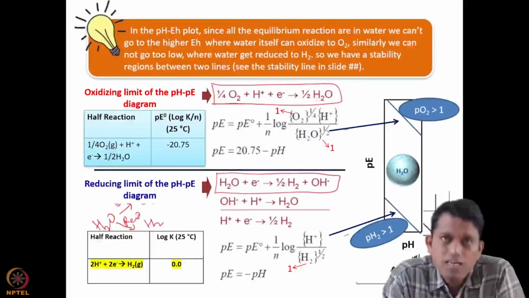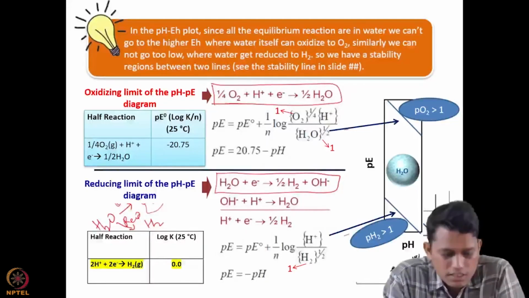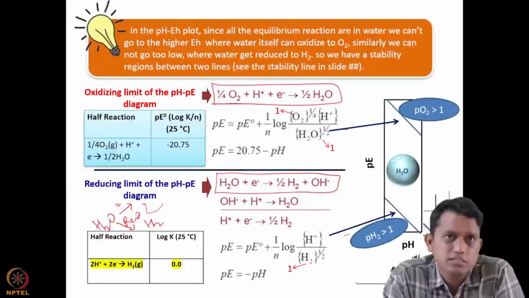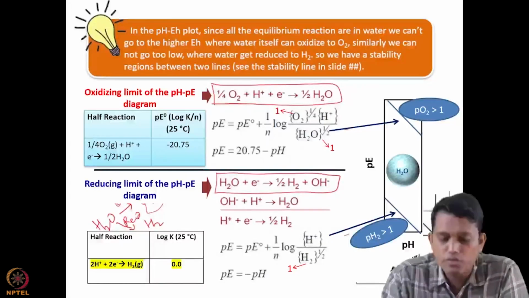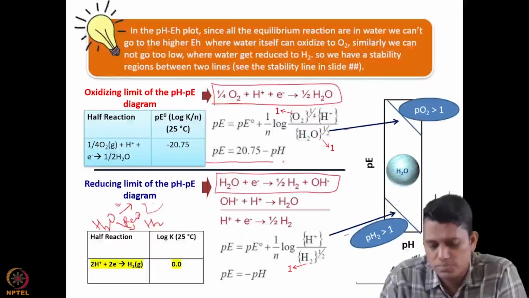So these are the limits or conditions that water can undergo, and because of that we should work in conditions which limit these reactions. We should not have a condition where water is getting oxidized to oxygen or reduced to hydrogen. So based on these reduction equations, we have derived two relationships.